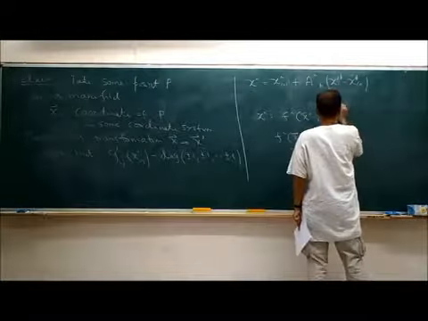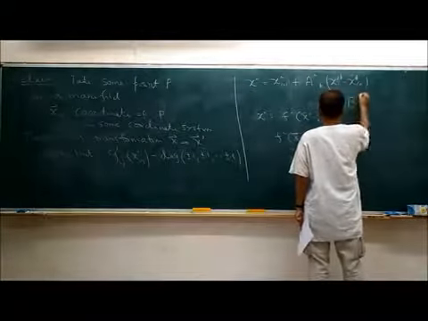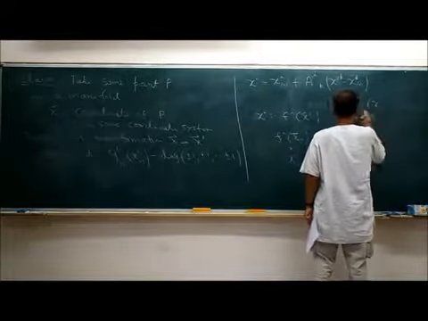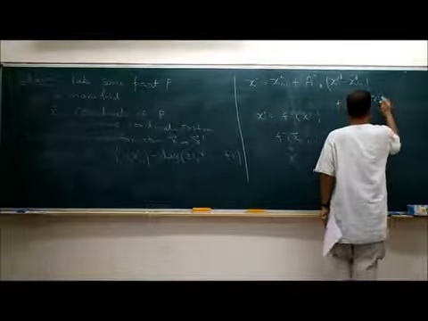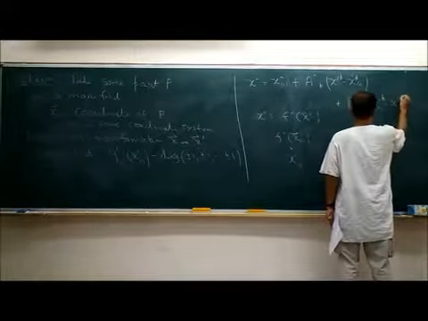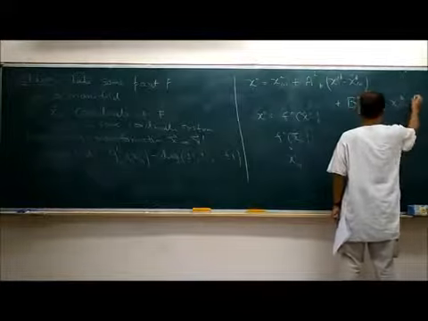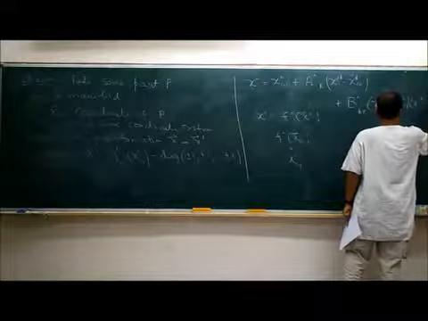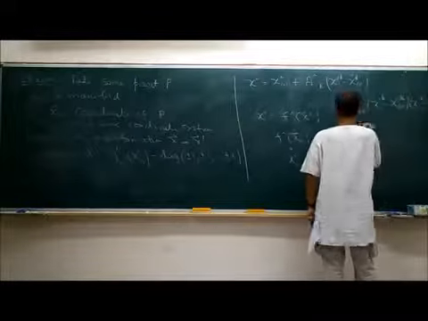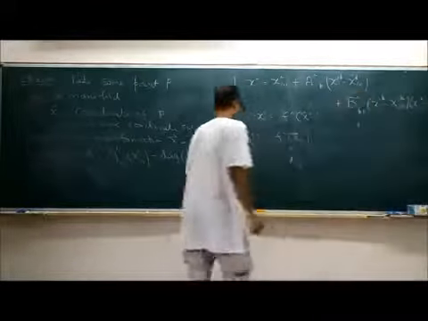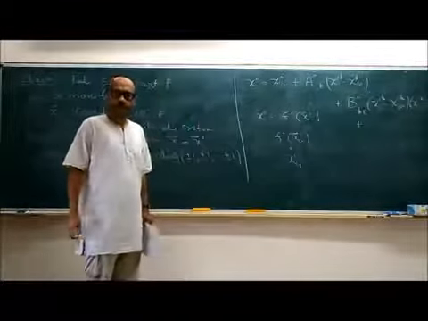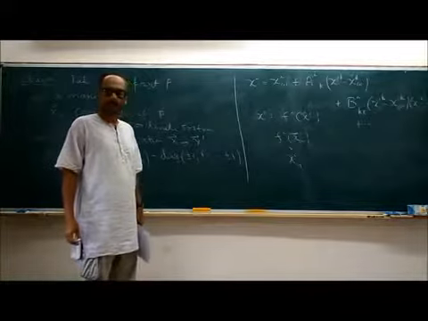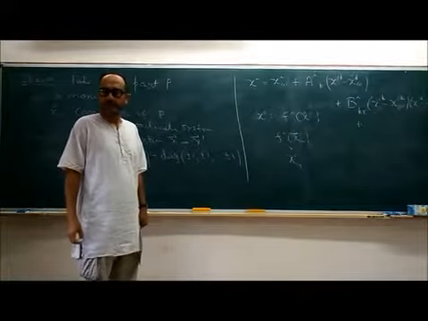Then there will be a term of the form B_ijk, we call it kl, (x prime_k minus x prime_k naught)(x prime_l minus x prime_l naught), and then it goes on. Is this clear?